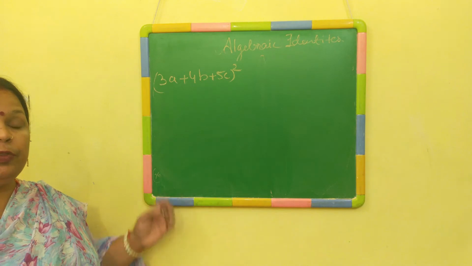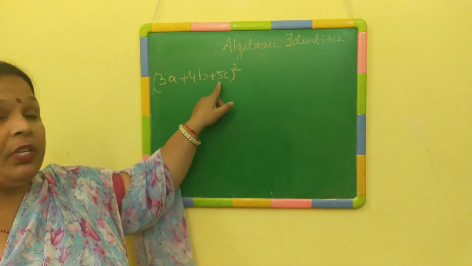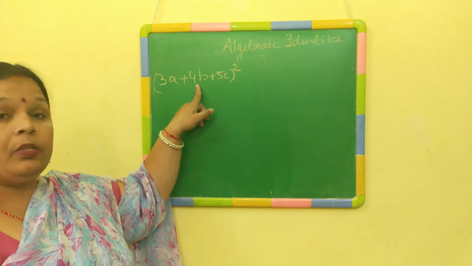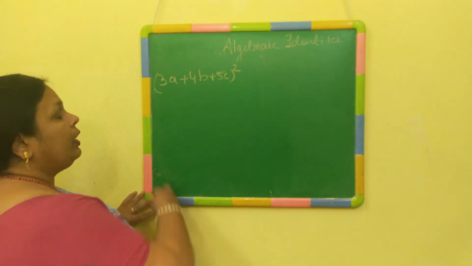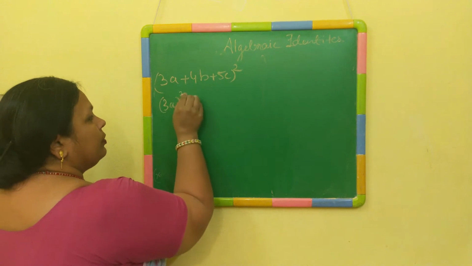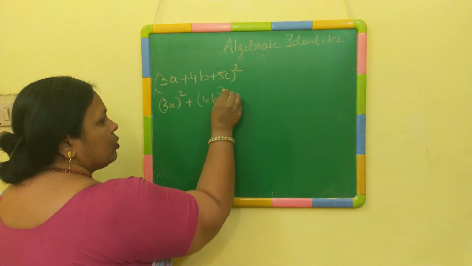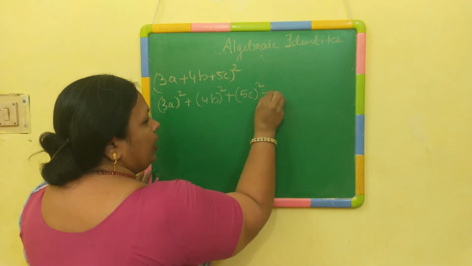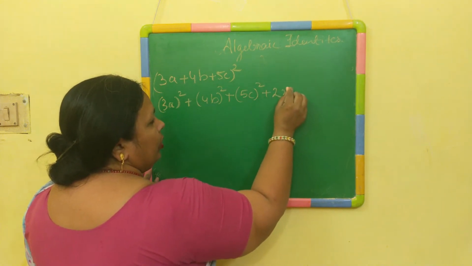Now the application of the previous identity which we have learned: 3a plus 4b plus 5c whole square, where 3a is x, 4b is y and 5c is z. So recalling it as x square plus y square plus z square plus 2xy.